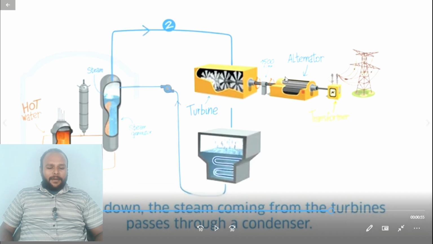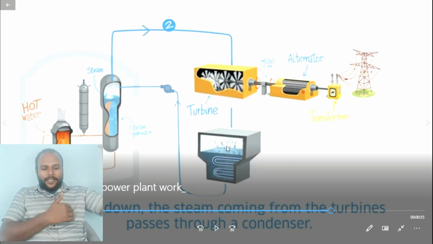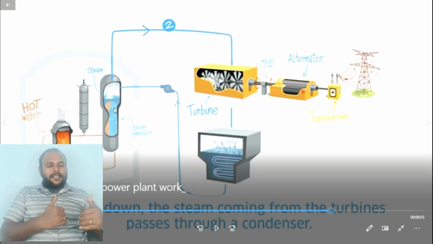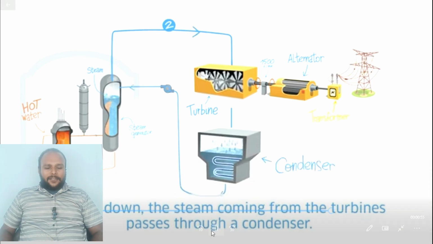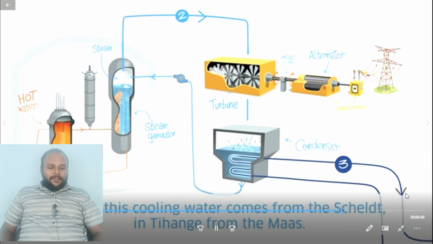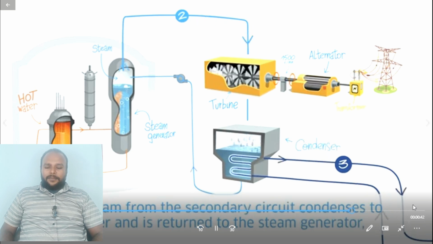The steam remaining from the turbine is collected again. When the steam gets cooled, it is converted back into water, and that water is sent again to the steam generator, which again produces steam. We call this the condenser. From this outlet, we send the steam to the cooling towers. The cooling towers cool the steam and convert it into water, which goes to the outlet. The water is again collected through the condenser and sent to the steam generator and the heat source.